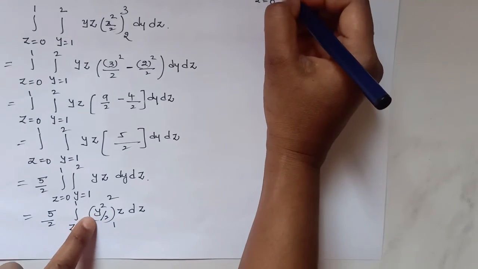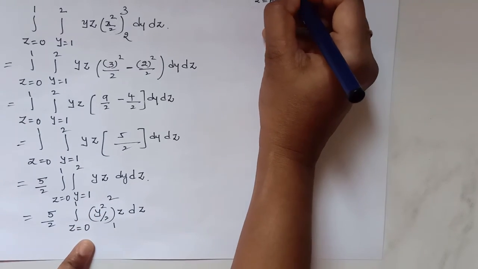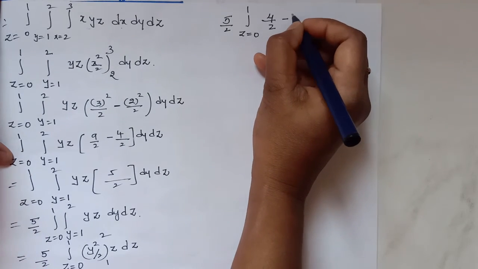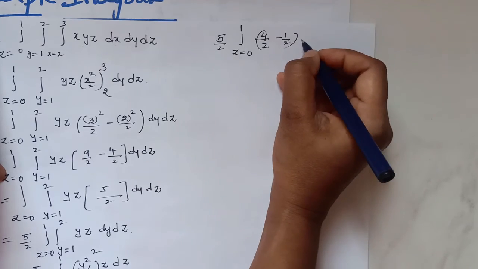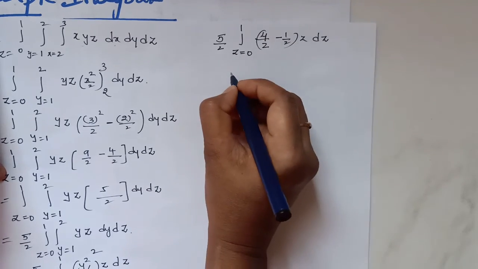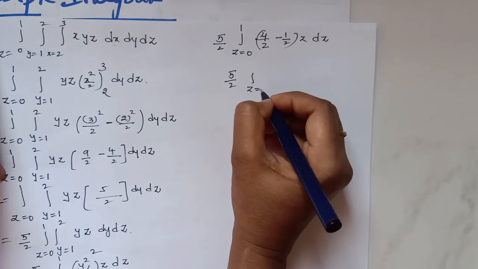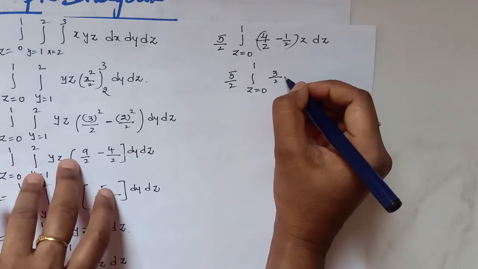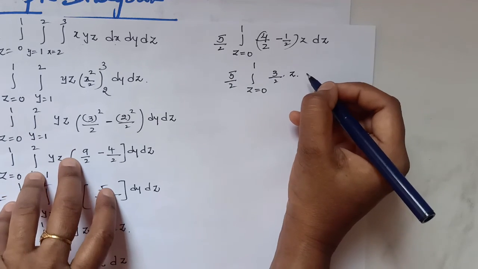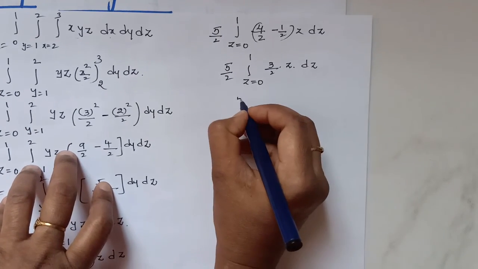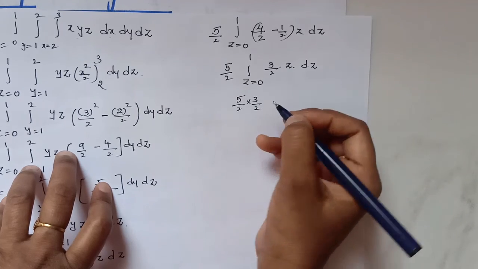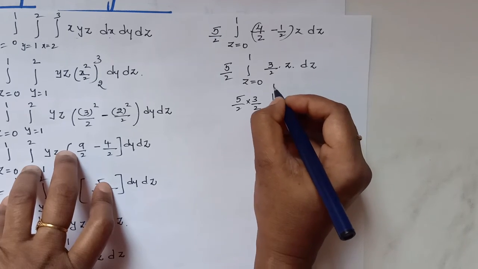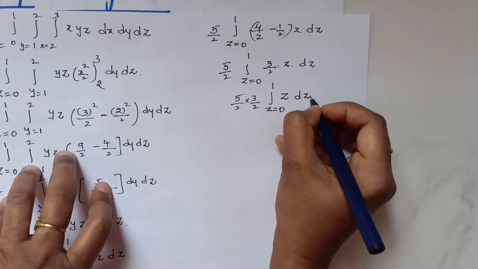If I substitute y is equal to 2, it is 4 by 2 minus 1 by 2 into z dz. 5 by 2, integral z is equal to 0 to 1, 3 by 2 into z dz. Again 3 by 2 is a constant term. You can write outside of the integral. We get integral z is equal to 0 to 1, z dz.